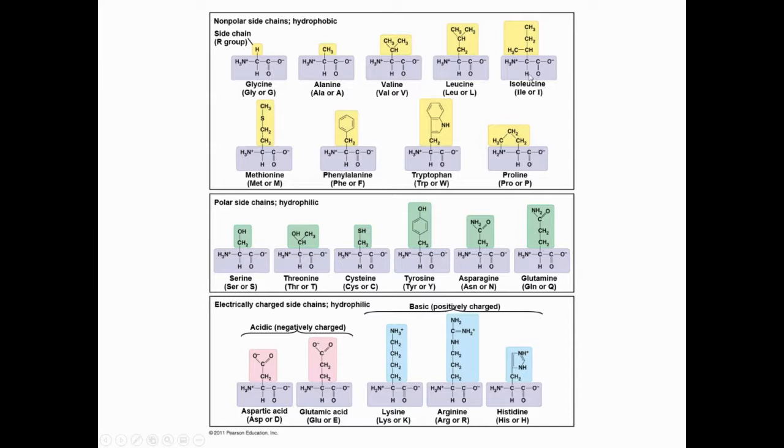The purple here is the basic structure of the amino acid. And the yellow is the side chain, the R group. The basic structure is the same for these 9 amino acids, and only the side chain is different.